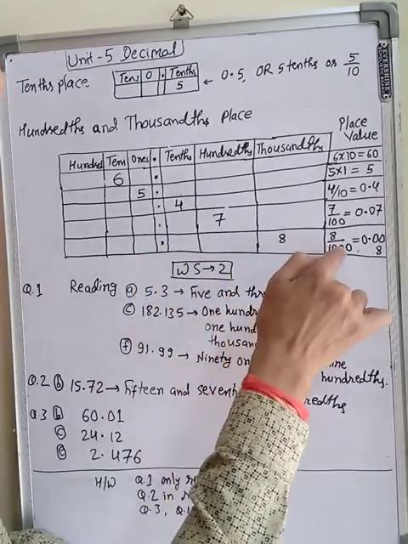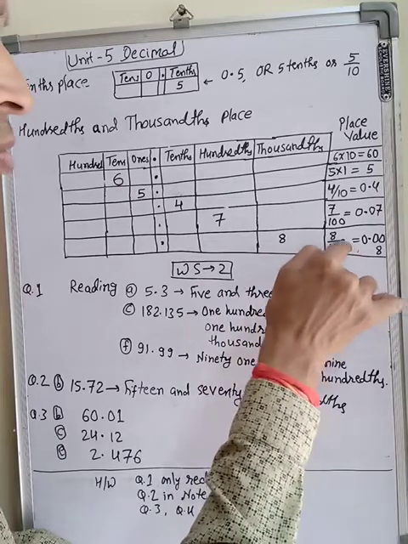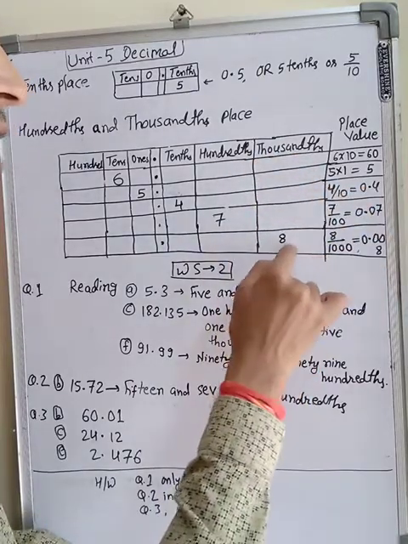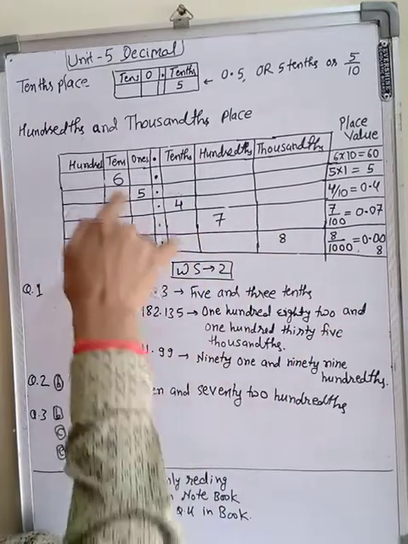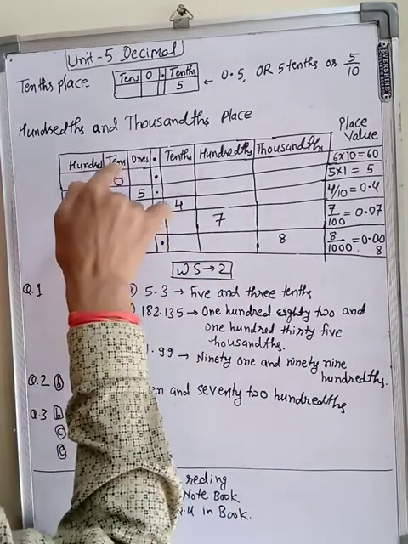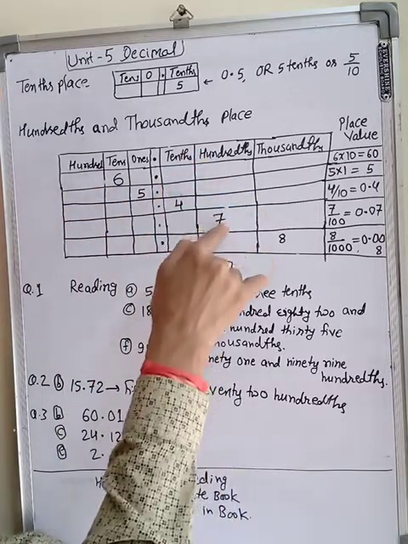So we will write 8 upon 1000. This is in which place? The thousandths place. That is why this will be divided by 1000. Here, 6 is in the tens place. That is why this is multiplied by 10. Similarly, this is in which place? The hundredths place, after the decimal on this side.